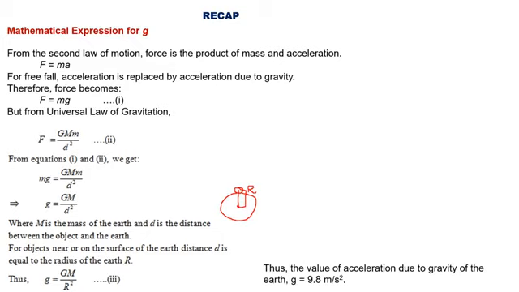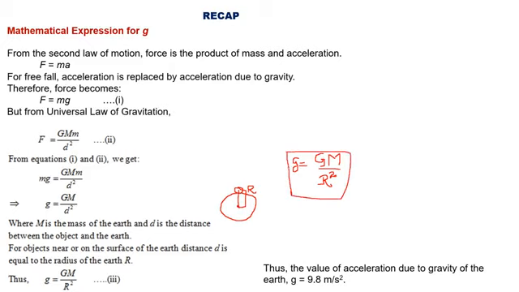So we come to know that small g equals capital G. Now what is capital G? The gravitational constant, into the mass of the earth, divided by the square of the distance, or you can say the radius of the earth. Okay, fine.